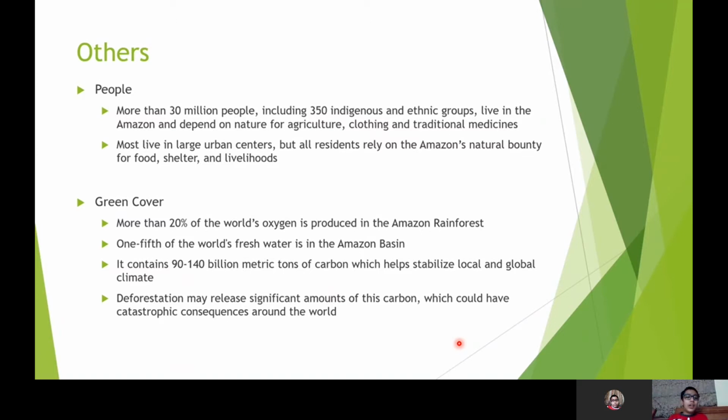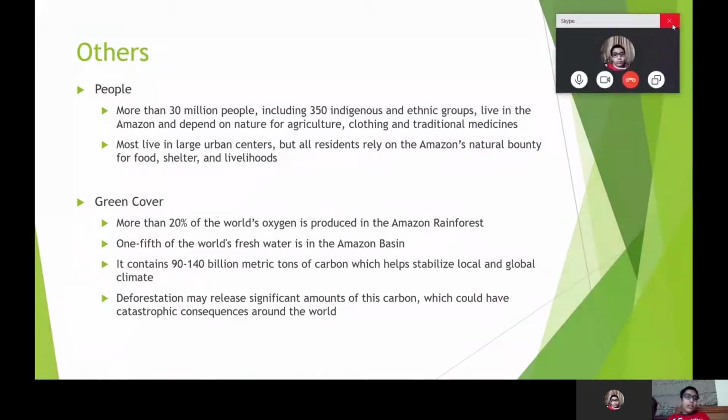Most live in large urban centers, but all residents rely on the Amazon's natural bounty for food, shelter, and livelihood.